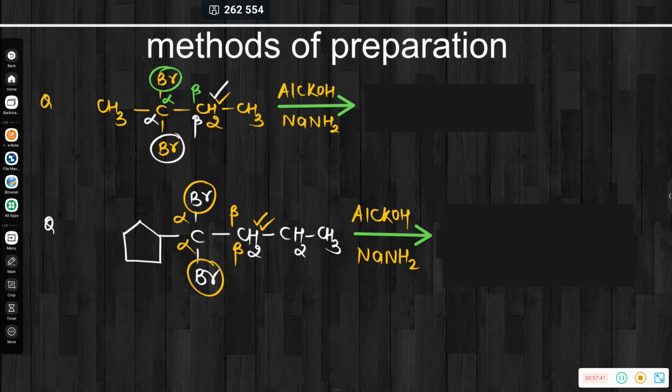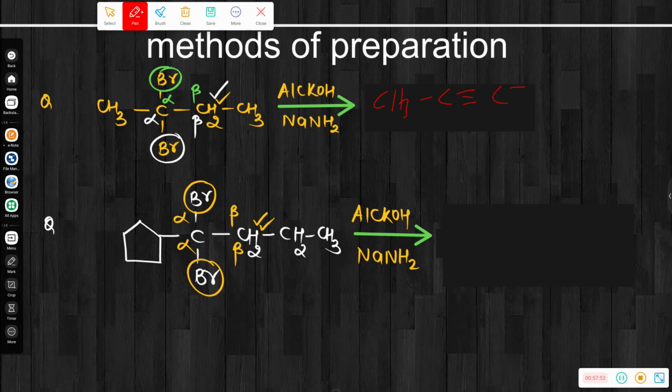Here what is formed? It will form in the same manner. It is a vicinal dihalide, even so no problem. First here HBr is removed, one pi bond, then other HBr, another pi bond. So we get CH3, C triple bond C, single bond CH3. Here also like that only. What will form?